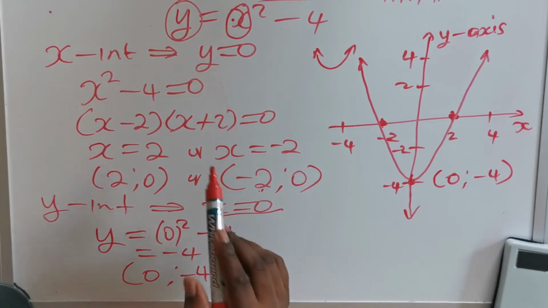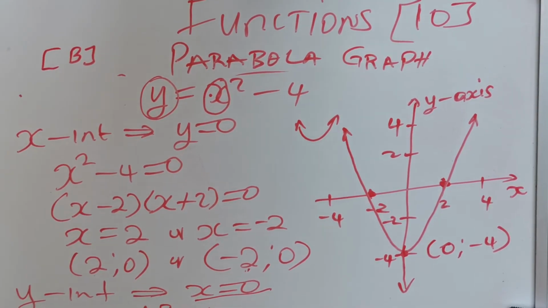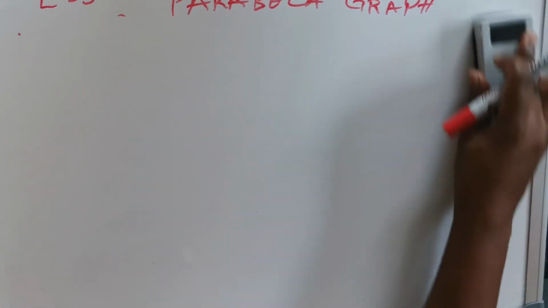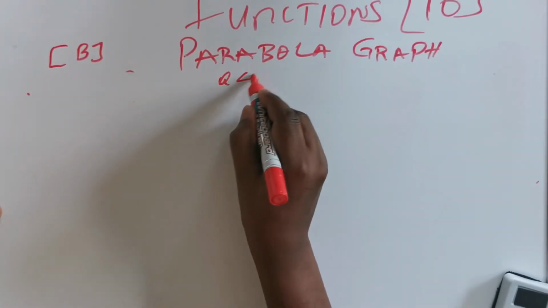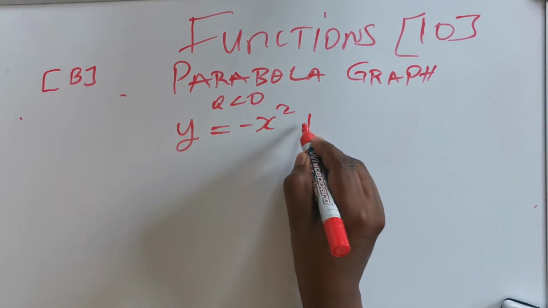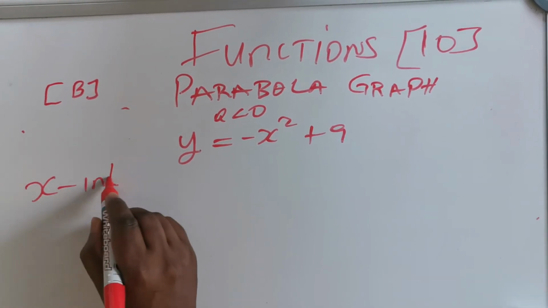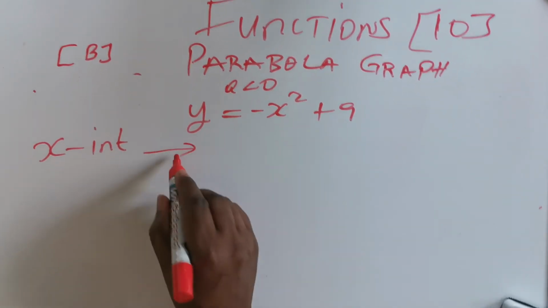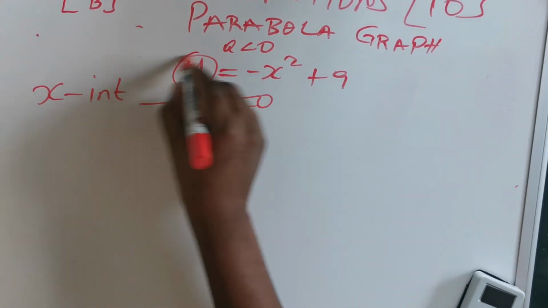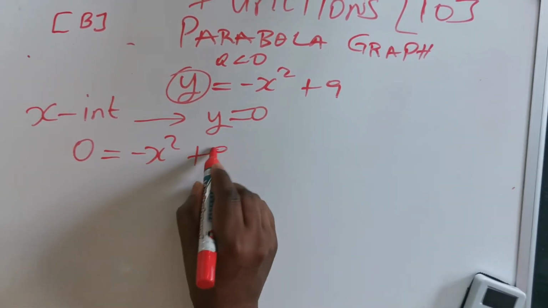But now let's look at another example where our a is less than 0. It should be y equal to maybe negative x squared plus 9. Our starting point is to look for the x-intercept. You let y be 0, so it should be 0 equals negative x squared plus 9.